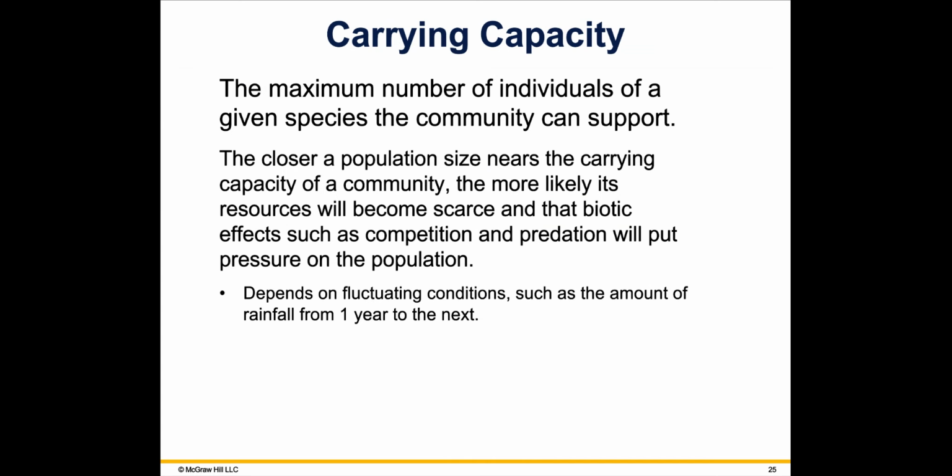But then we can adjust below that carrying capacity, and not feel that pressure quite as much. And this carrying capacity will change in a habitat over time. It's very dependent on the resources. So if one year there is plenty of resources, and then the next year there isn't, the carrying capacity will shift.